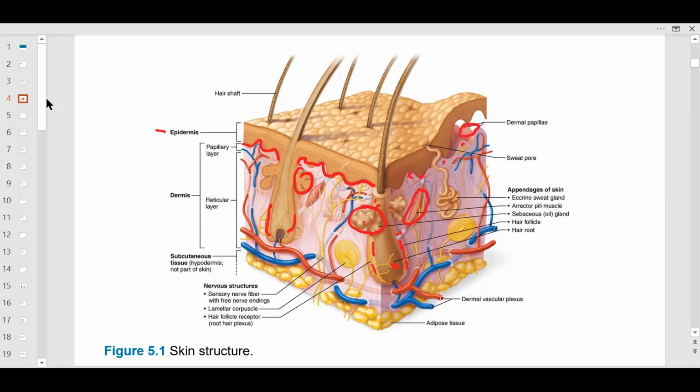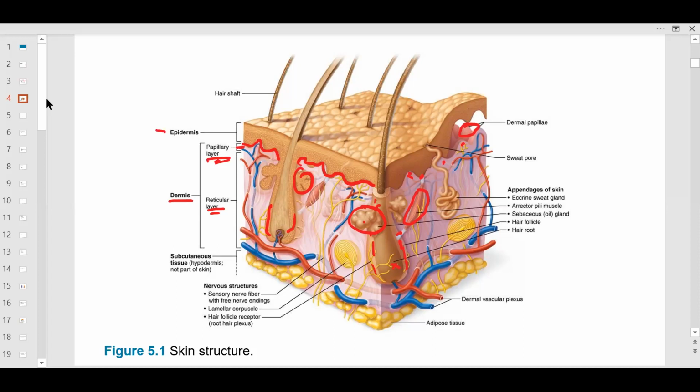And then the dermis has the papillary layer on top. I know on the quiz that I'll probably give you tomorrow, if I haven't given it to you already, it might be confusing, but if you said dermis, you're okay. So the papillary layer of the dermis is here. Reticular is everything else above the hypodermis. So the second layer is the dermis.